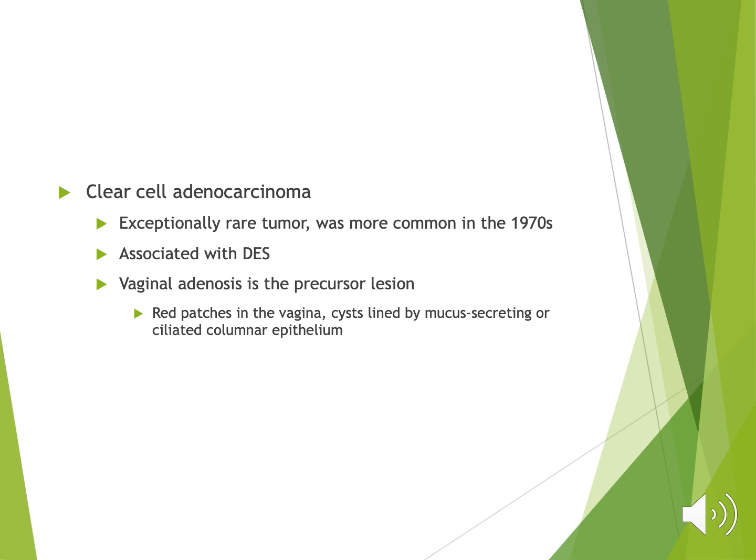This medication sometimes results in vaginal adenosis, an increase in the glands of the vaginal wall, which is considered a precursor lesion for adenocarcinoma. They look like red patches of the vaginal wall, and the number of cysts lined by mucus-secreting columnar epithelium is also increased.